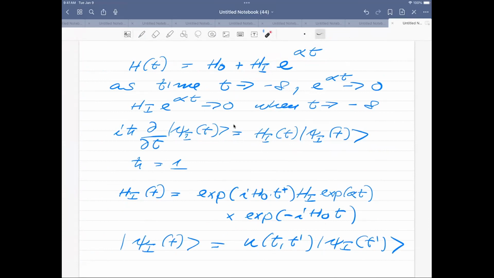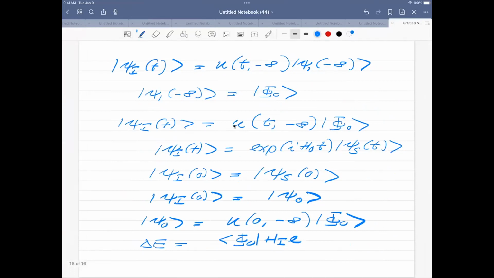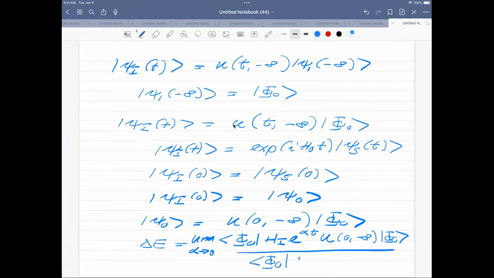So we don't need to have this epsilon. What we have then is in principle the limit alpha goes to 0, with alpha of t, multiplied with u of 0 minus infinity of phi 0, divided by phi 0 and u of 0 minus infinity of phi 0.